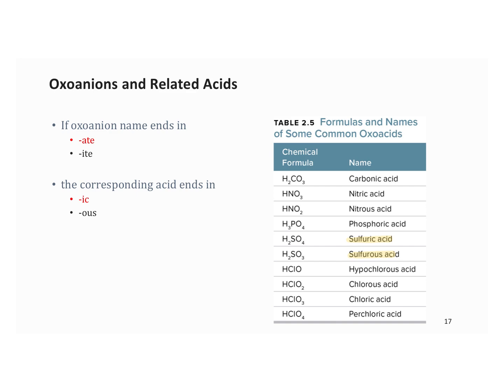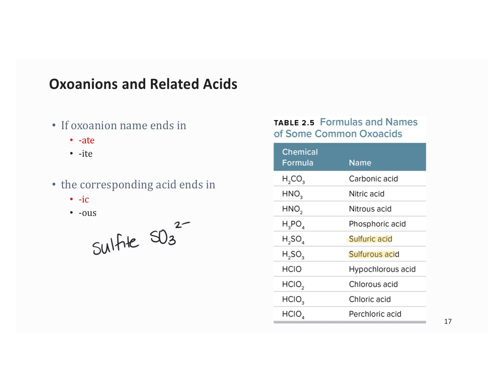Notice that if the oxoanion name ends in ate, then the corresponding acid is going to be ic. So that's sulfate, and so it's SO4, and then sulfite is SO3 2 minus. And so it's going to be sulfurous acid.